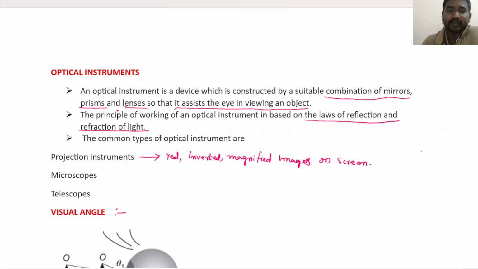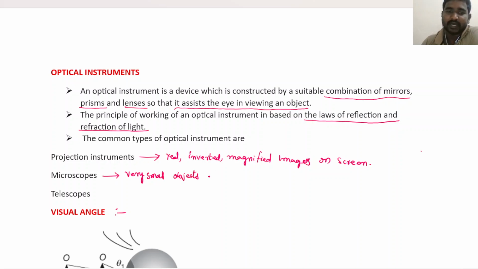For example, you are seeing projections in cinema theaters and any other real images from screens. And microscopes and the like are used to see very small objects.